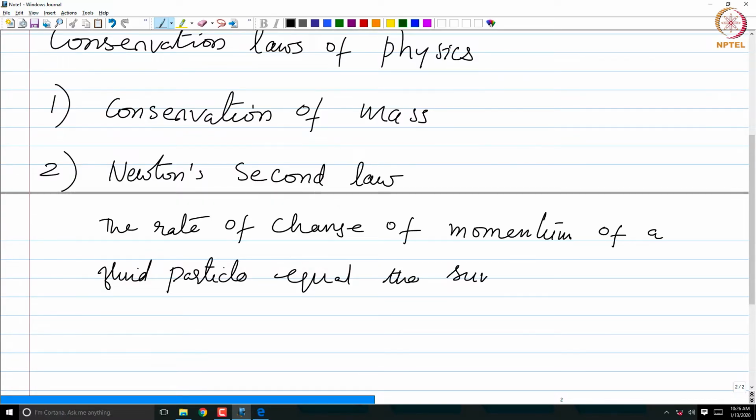The sum of the forces, the resultant of the forces acting on it, acting on the fluid particle. So that is Newton's second law of motion.